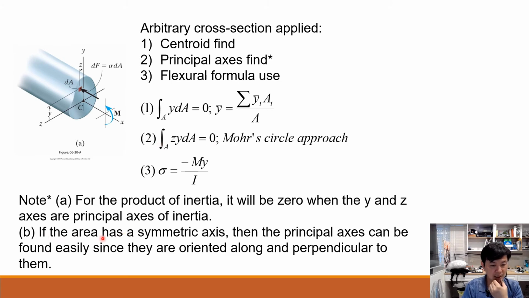And if the cross-section has a symmetric axis, then your principal axes can be found easily, because the principal axes are oriented along and perpendicular to your symmetric axis. So if you can find one, the other one would be perpendicular to that, and both of them are principal axes.